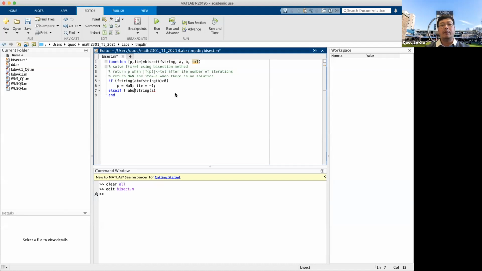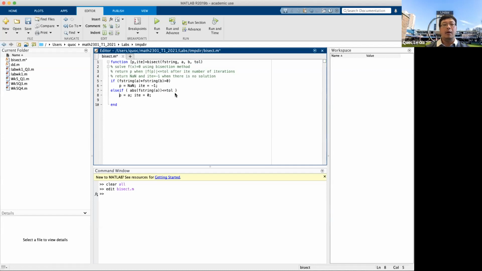So if the absolute value of f(a) is less than or equal to the tolerance, then the solution is just a. I mean, it could happen that the endpoints are the solution, so p equals a. And we don't have to do any iteration, so iteration just equals 0, okay?